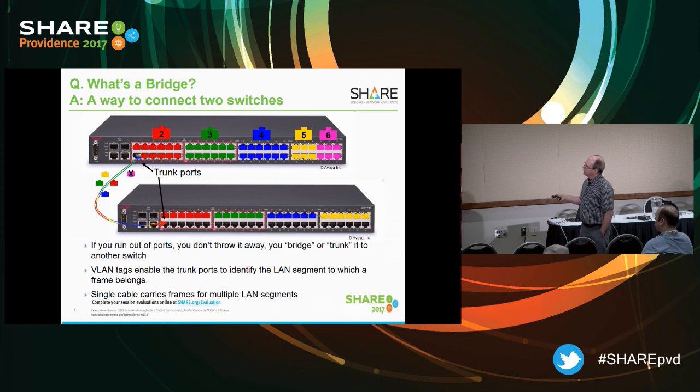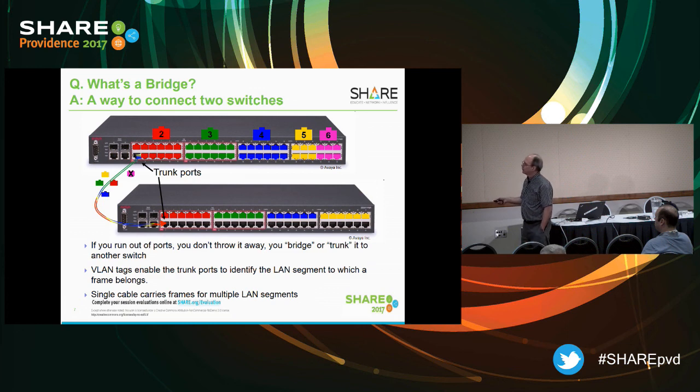Now, while I've been talking about colors, you'll notice that numbers have appeared. So in the real world, VLANs are not colors, they're numbers. You know, VLAN 100, 200, VLAN 1000, VLAN 4091. Your network folks worry about this.